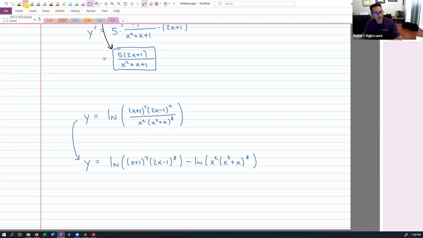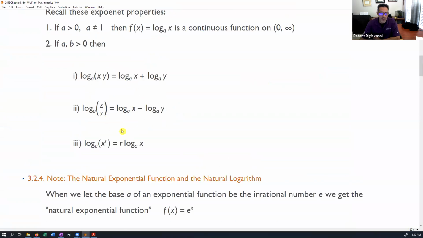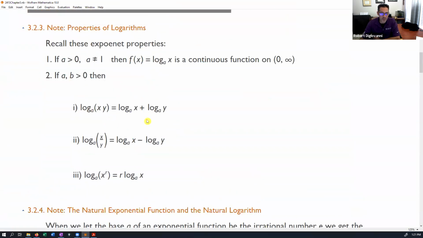The property I'm using that Cody brought up is this: with logs, if you have natural log of x divided by y, it can always split up to be natural log of x minus natural log of y. That was a property I showed you last class. These properties are algebra properties that you should remember from college algebra, because we're going to use them, and I'm using them today.